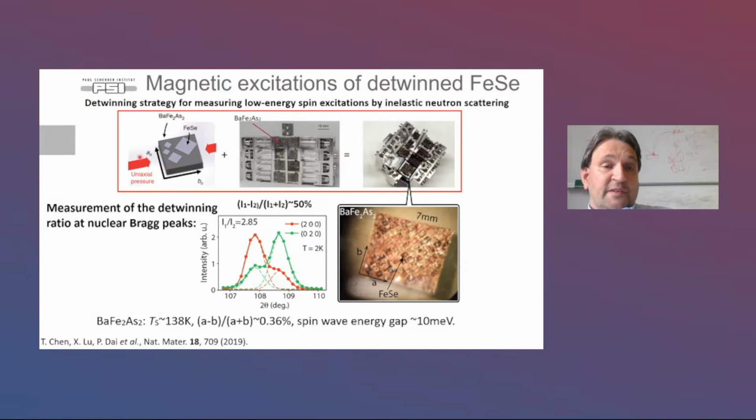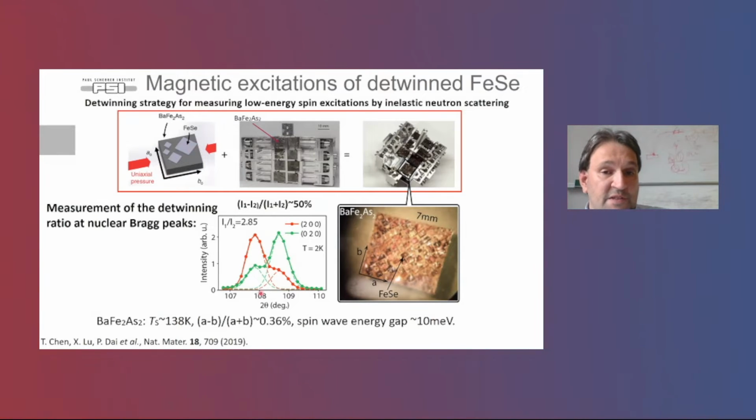But what these inelastic neutron scattering experts developed is that you could indirectly detwin iron selenide just by gluing it on a barium iron arsenide substrate, which you can straightforwardly detwin. Through the lattice distortion, which is in the order of 0.36% in barium iron arsenide, passing the structural transition, you indirectly detwin also the iron selenide.